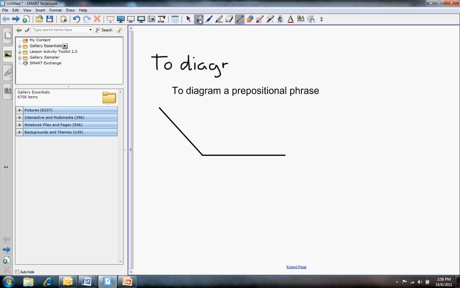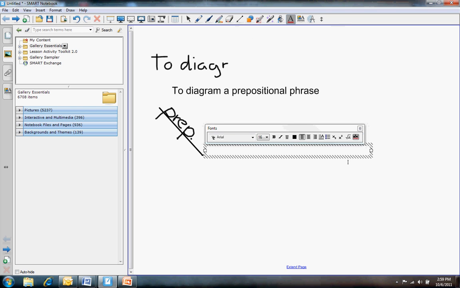So on this side, we will write, let's see if I can write sideways. This is the preposition, and I'm going to abbreviate that. Your preposition goes on that diagonal line.